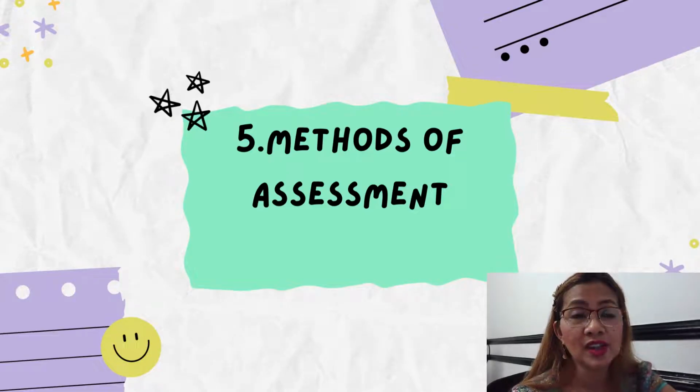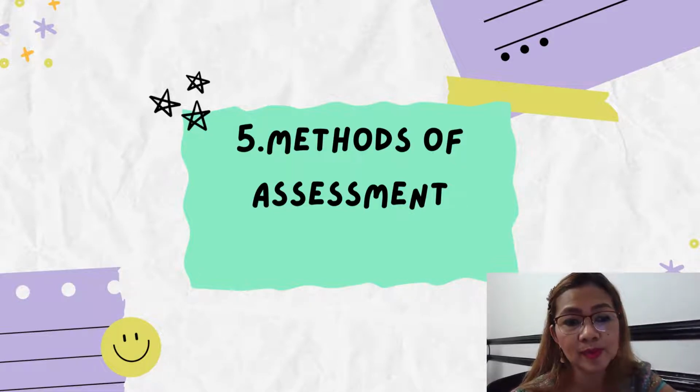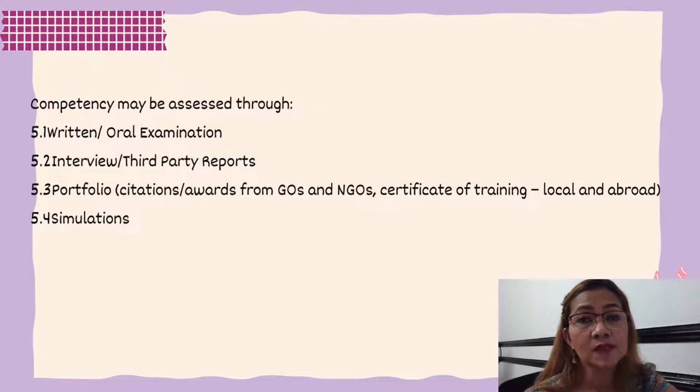Number five evidence guide, we are referring to methods of assessment. What are the different methods of assessment that the student should have? The different methods of assessment, we have the following. First is written or oral examination.